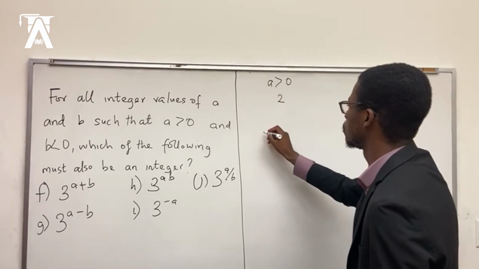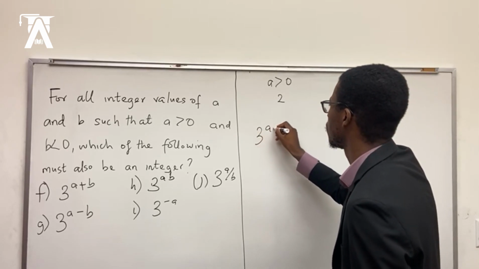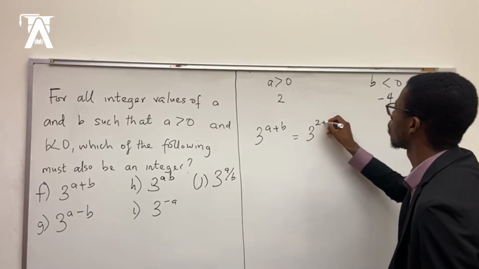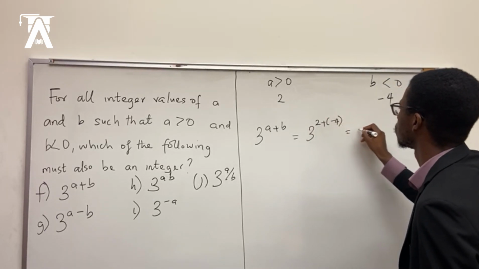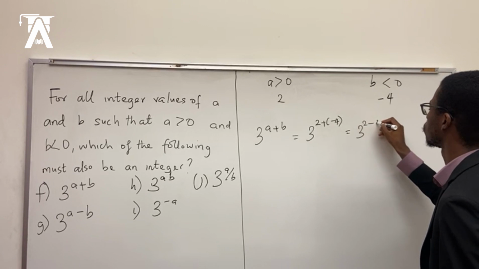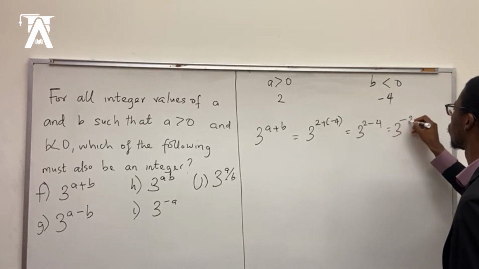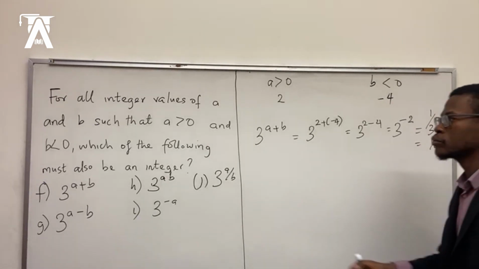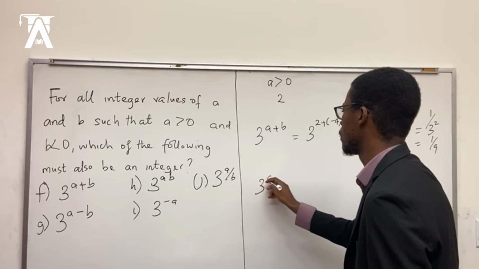So let's start with the first one, 3 to the a plus b, that's 3 to the 2 plus negative 4, which is 3 to the 2 minus 4, which is 3 to the power of negative 2, which is 1 over 3 squared, which is 1 over 9. Then we have 3 to the ab.